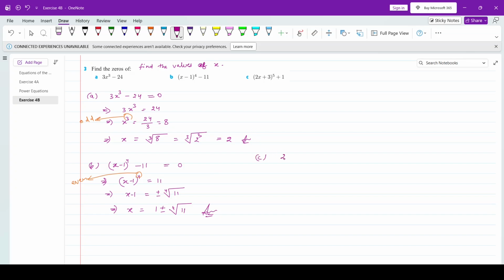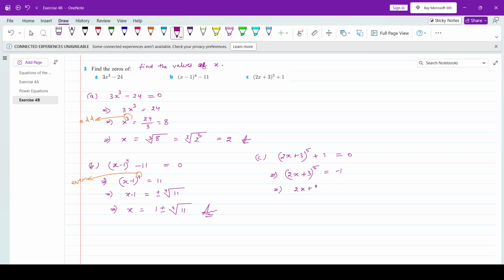C. (2x plus 3) raised to the power 5 plus 1. Now we need to equate this expression with 0. So (2x plus 3) raised to the power 5 is equal to negative 1.